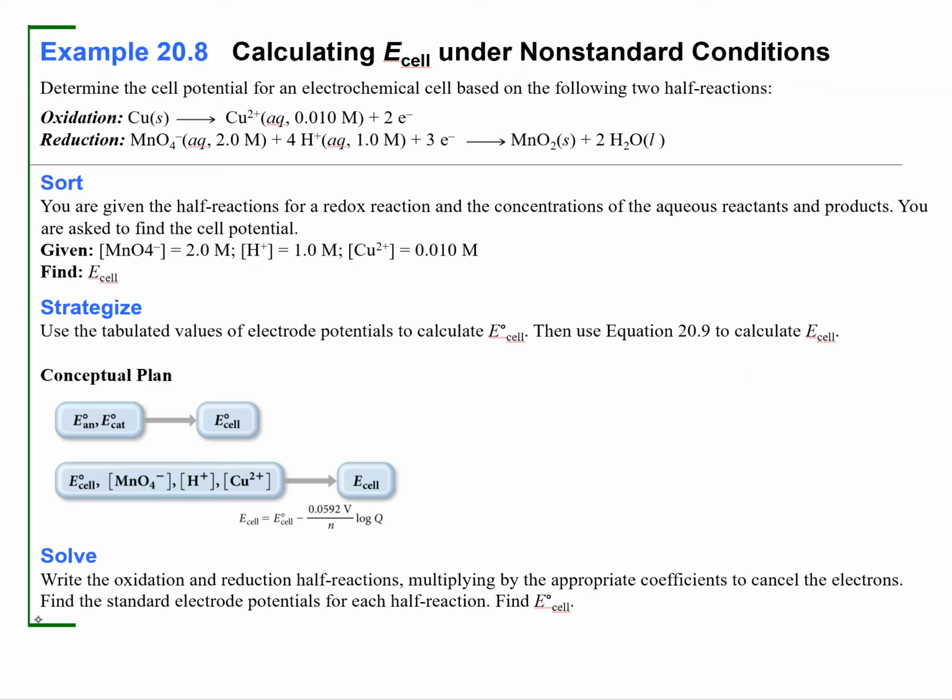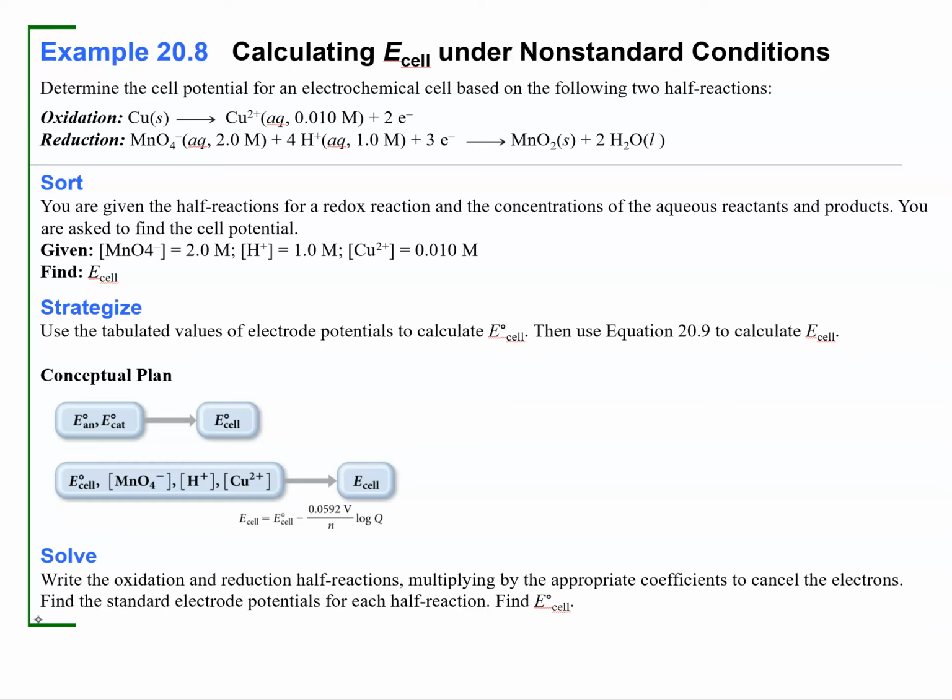And since we have to know it, let's run a problem with it. Let's determine the cell potential for an electrochemical cell based on the following two half reactions. The oxidation half reaction is solid copper reacts to form copper 2 cations in aqueous solution at 0.010 moles per liter plus 2 electrons.